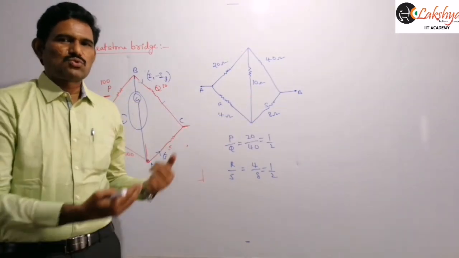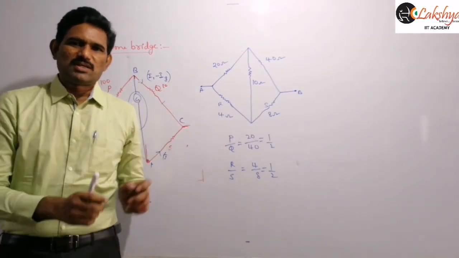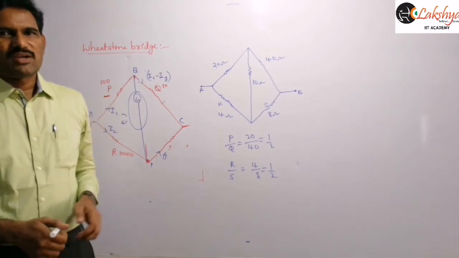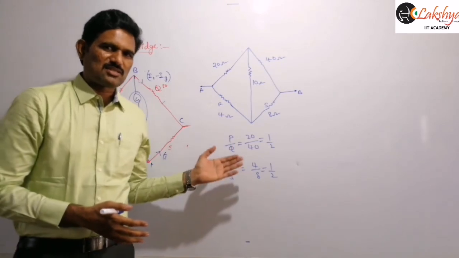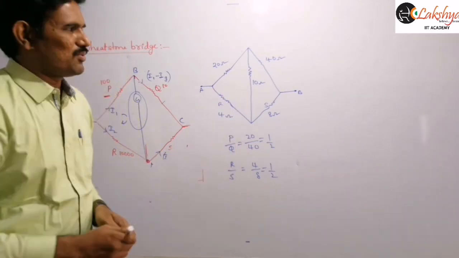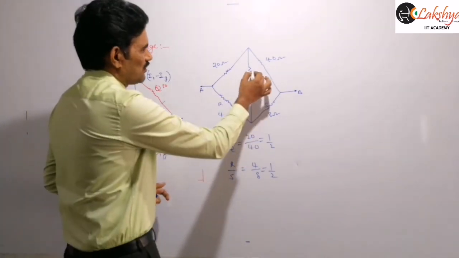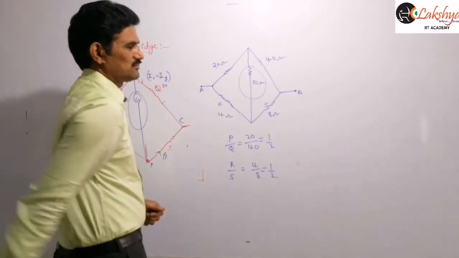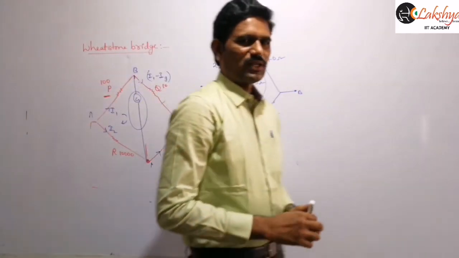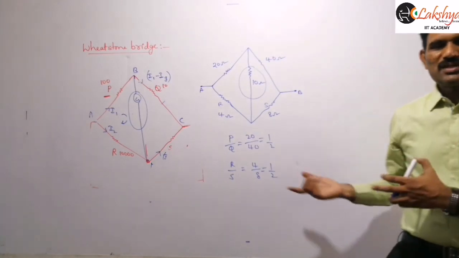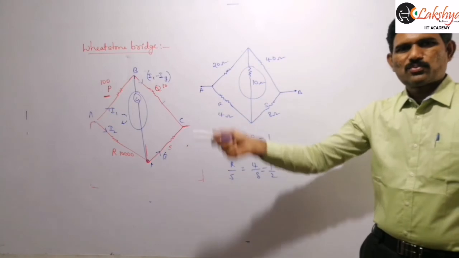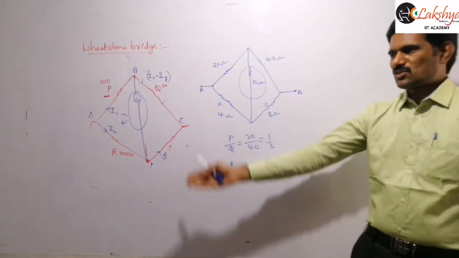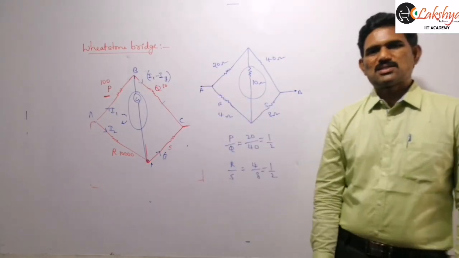Now our aim is to find the effective resistance between the points A and B. When this condition is satisfied, we can remove this resistance here, because even though that resistance is connected, no current is flowing through it. We already proved that in the previous discussion, when proving the condition for the balanced Wheatstone bridge.